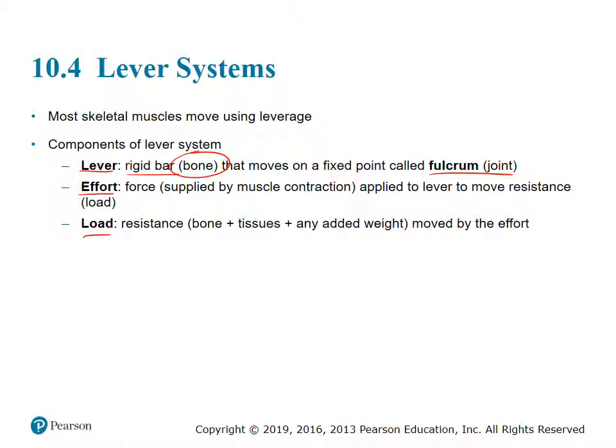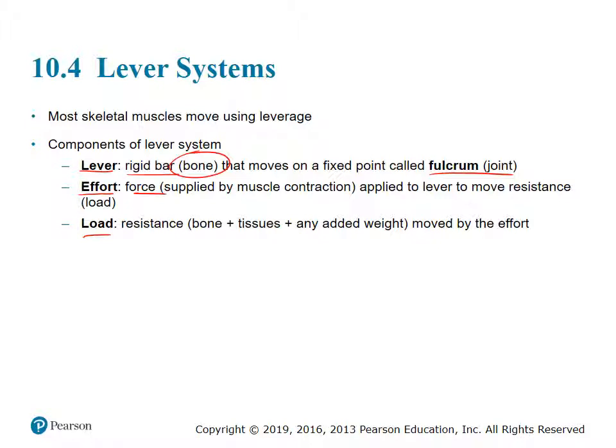Now our effort is the force applied to the lever. That force is supplied by the muscle. When we contract, we generate force against the lever, the bone, causing the bone to move on the joints, and then causing movement.